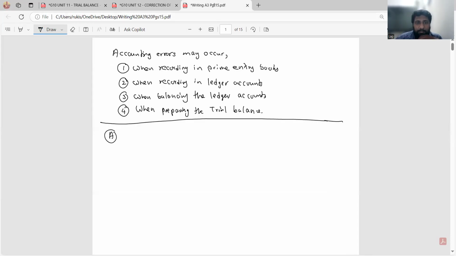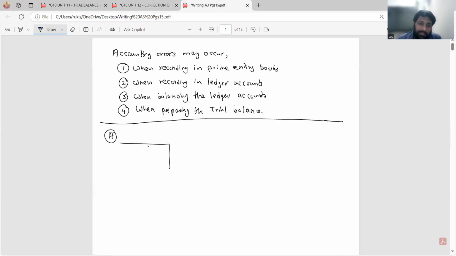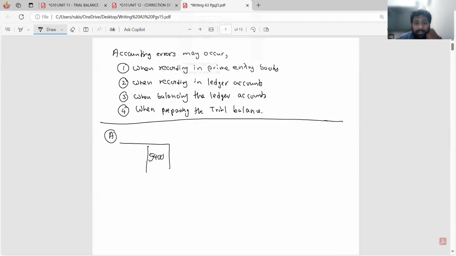A. Credit sale 4,500 has been recorded in the sales journal as 5,400. So in the sales journal, 4,500 you have recorded as 5,400. So the sales journal total is 5,400. Based on this, you have prepared the ledger accounts also. Debtor account, debit 5,400.